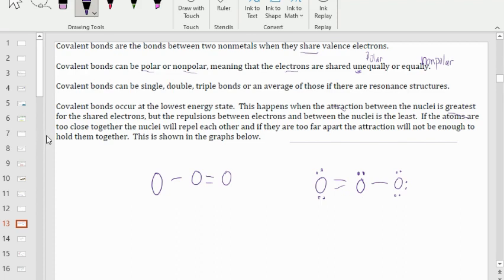If the atoms are too close together, the nuclei will repel because they're two positive charges. If they're too far apart, then they won't stay together. So there's like this sweet spot, okay?